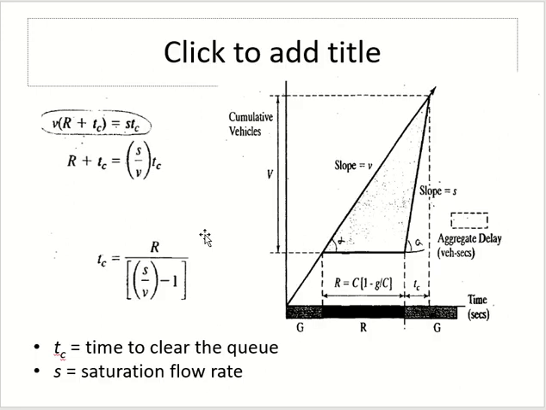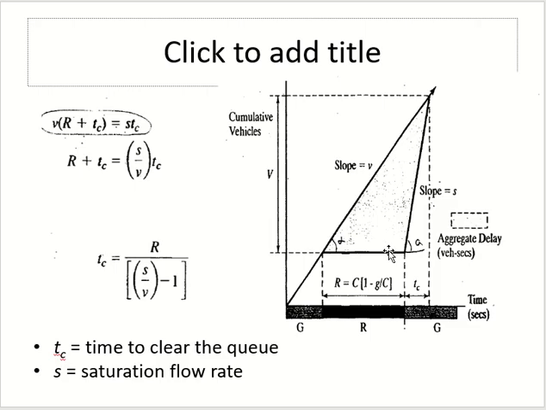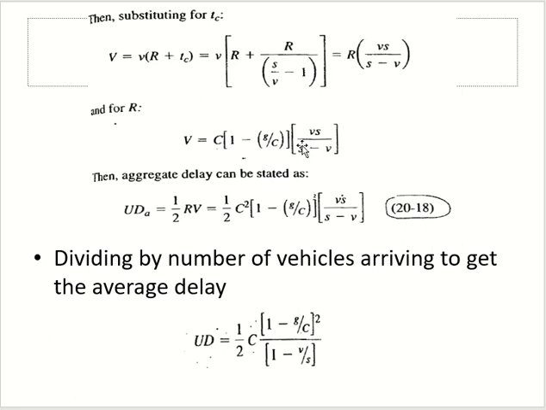So first of all, I found this thing for R, then I found this thing for V. So instead of doing half R into V, I will do this, V into the equation of V into the equation of R. Clear or not? Okay, so this is the final equation.